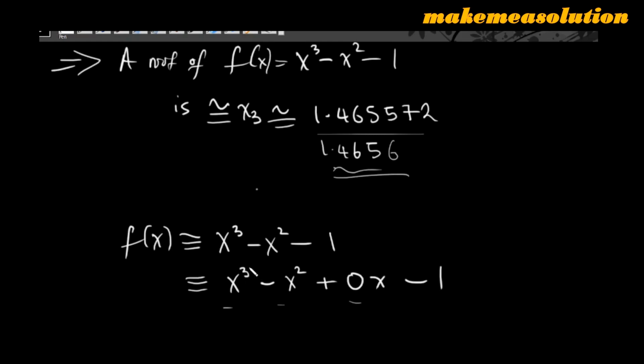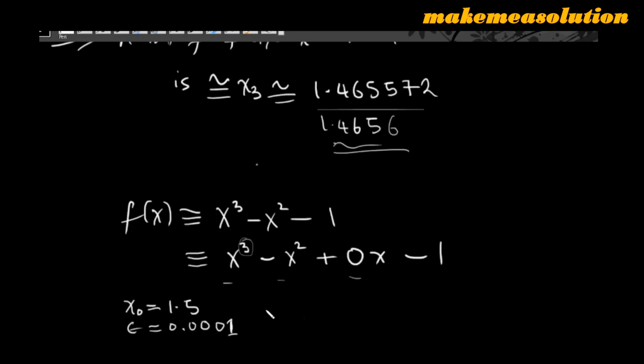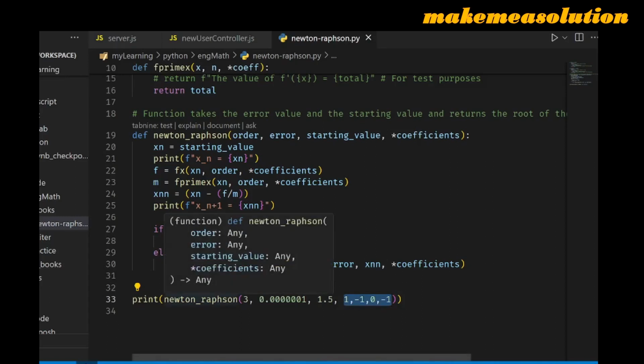You see, this polynomial is a polynomial of degree 3. Okay, so my start value for my iteration x naught is 1.5, like we established above, and our epsilon given from the question is 0.0001, okay, that's plus or minus 10 raised to the power of negative 4. So having all this information, I'm just going to plug it into my Newton-Raphson calculator.